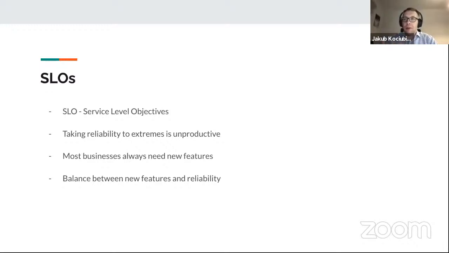And if we deploy new features and get outages, problems, errors, as you do, that's okay, as long as we are reaching that level that we are committing to. And this level is the SLO, service level objective.